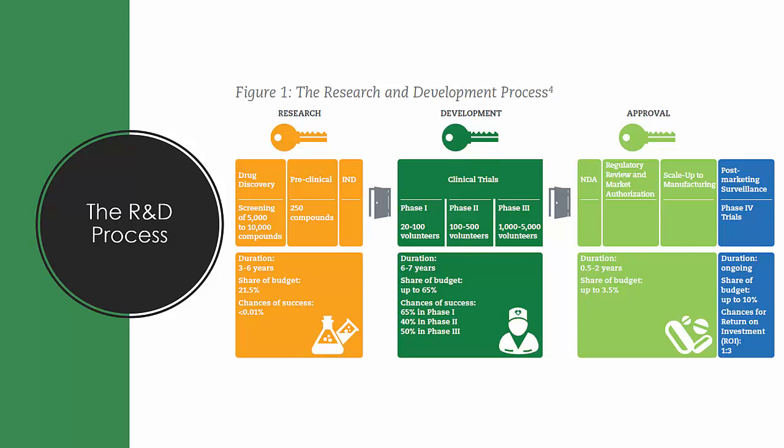As you can see there on the right, the duration ongoing, the share of the budget up to 10%, the chances of a return on investment 1 to 3, so not particularly great. And we'll see later on why it's the case that even if a drug makes it through all of those clinical trials with flying colours, there is still no guarantee that it's going to actually be approved by the relevant pharmaceutical or medical authorities within the relevant country.